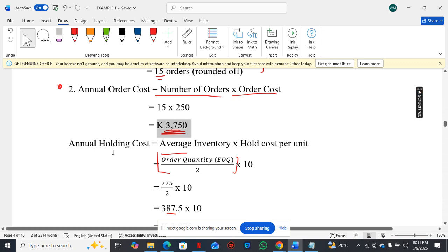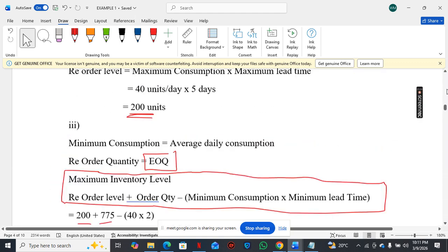Our annual holding cost is our average inventory multiplied by our holding cost per unit per year. Okay. How do we get our average inventory? It's our order quantity divided by 2. Our holding cost per unit per year is 10 kwacha. Okay, it was given here in the information.